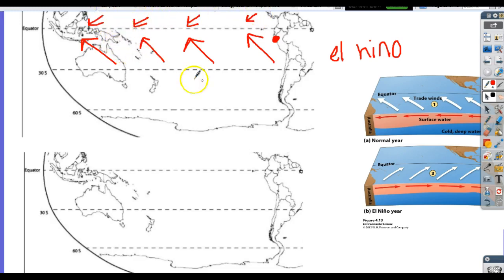So on this side, it's going to be generally cool. Over here, we've got the warm water being pushed to this side. I'm just going to write that the warm, wow, that's warm, pretend that says warm. Warm water is being pushed this way, okay?